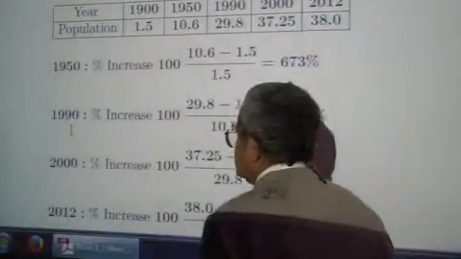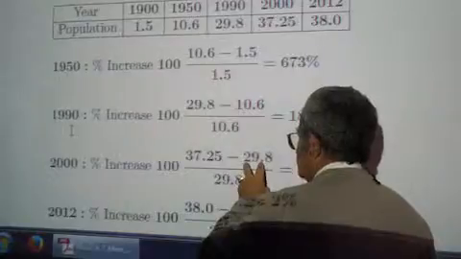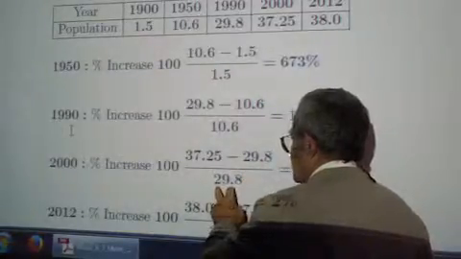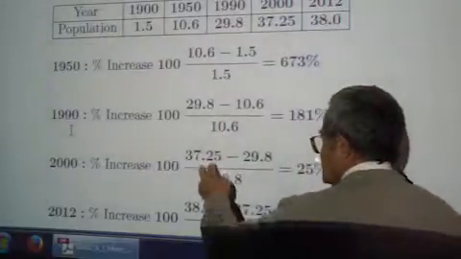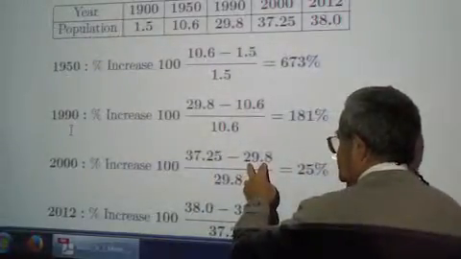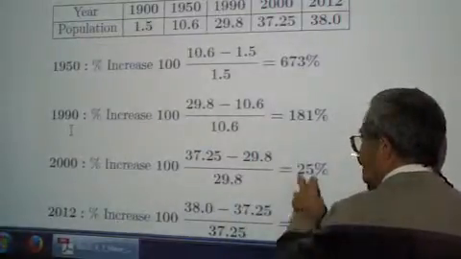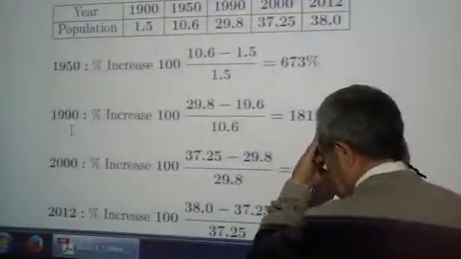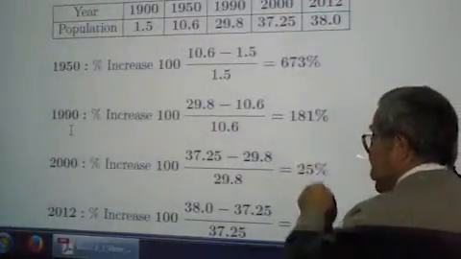From 1990 to 2000, 37.25 minus 29.8 over 29.8 times 100. So 37.25 minus 29.8 over 29.8, 25%. So a substantial decrease, a decrease of about 7 times.